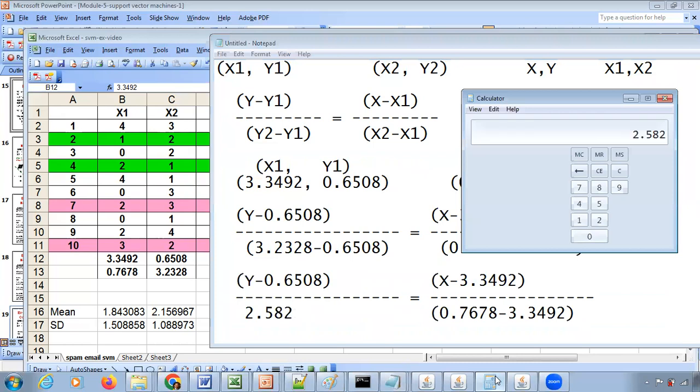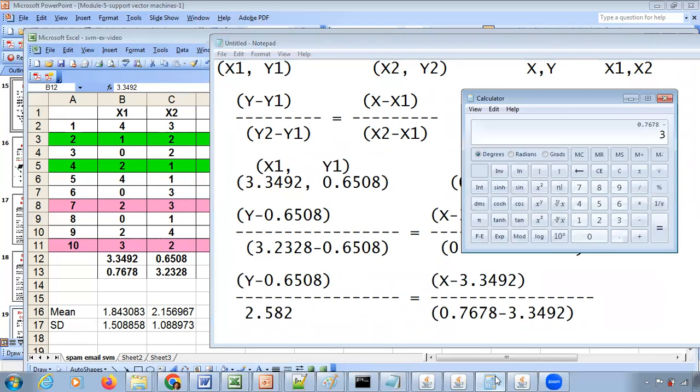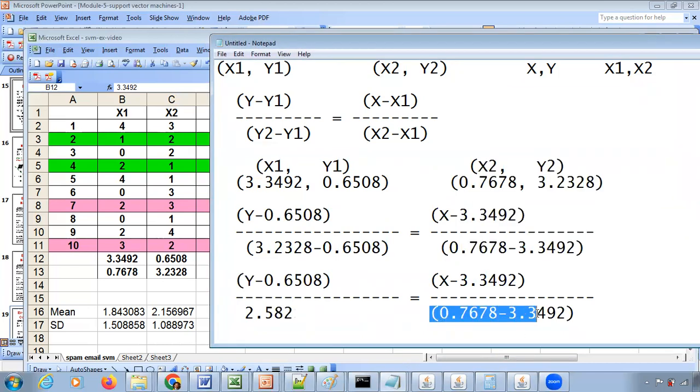And what is this? 0.7678 minus 3.3492 is also 2.58 something, so negative 2.5814. Here you get 2.582 and negative 2.584; they're basically the same numbers, with a sign difference. The minor difference is due to the rounding that we did in all the calculations, so we can consider this as the same. Just in this example, it happens to be sort of the same.